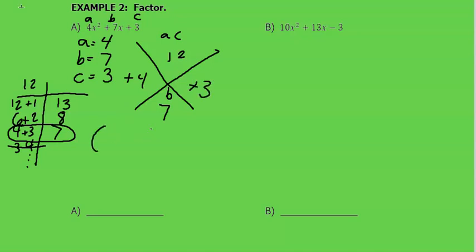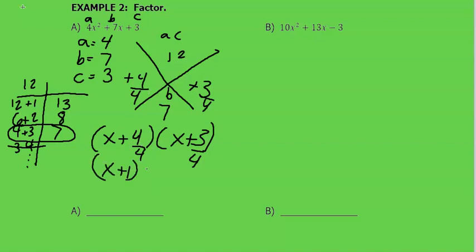So from there, you write out your factors. We have x plus 4 and x plus 3. From there, you want to divide each of these numbers by your A value, which was 4. 4 divided by 4 is 1, so we have x plus 1. 3 over 4 doesn't reduce, so we slide the 4 to the front: 4x plus 3.